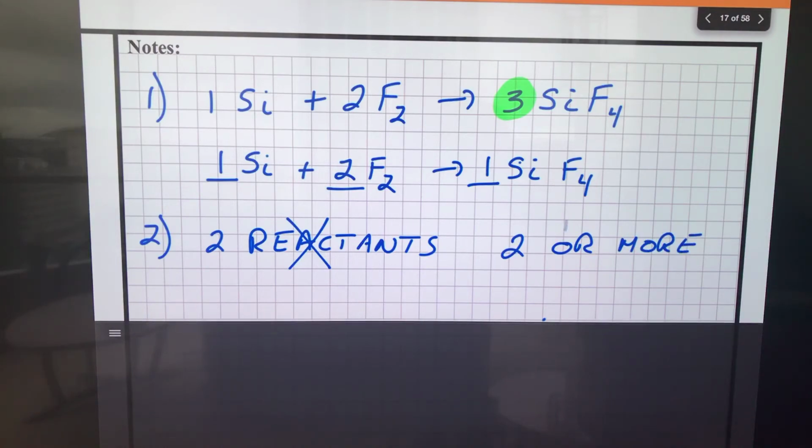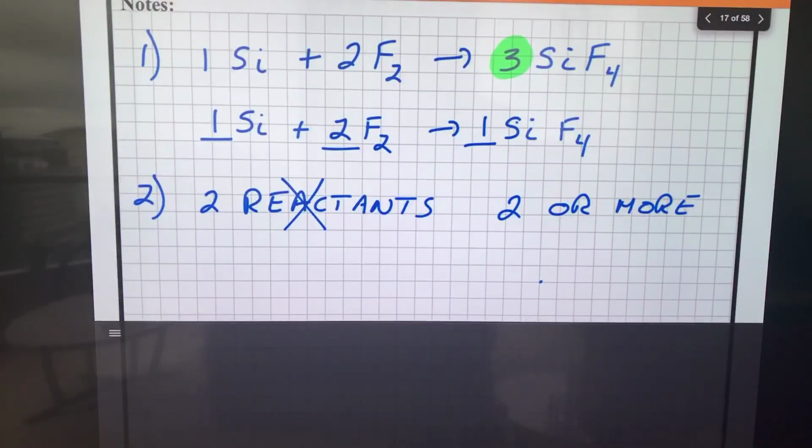Okay, so we could have 3 or 4 elements, 5 elements on that left side. All right, second one was, can they have 2 products? And we know that synthesis reactions, no, that's not right. They only ever have 1 product.